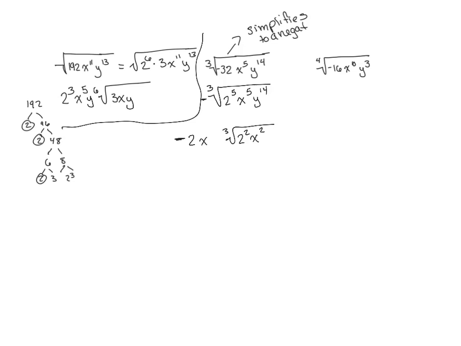For y to the 14th, 14 divided by 3 is equal to 4, so we have y to the 4th power, and then a remainder of 2, so we have y squared on the inside. So this basically simplifies to negative 2xy to the 4th times the cube root of 4x squared y squared.